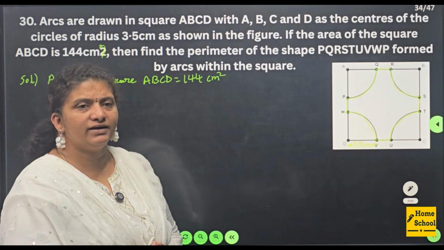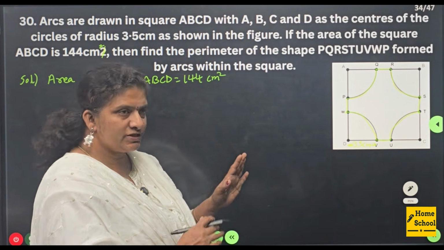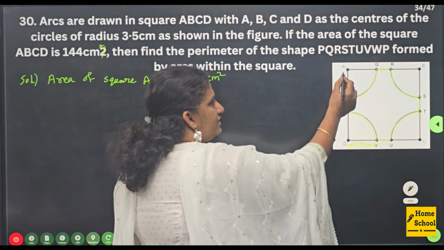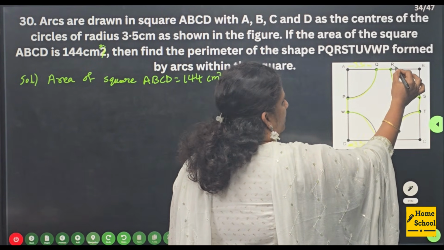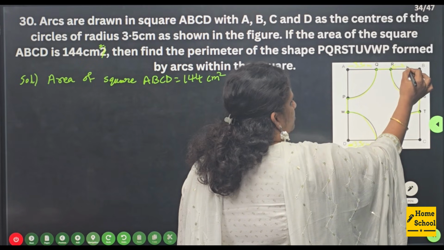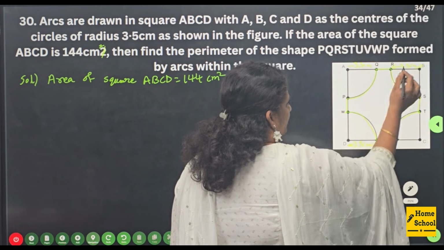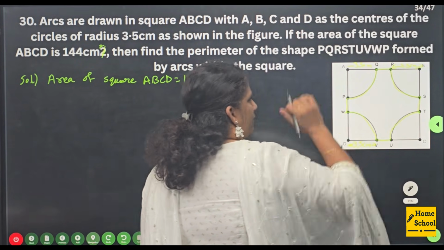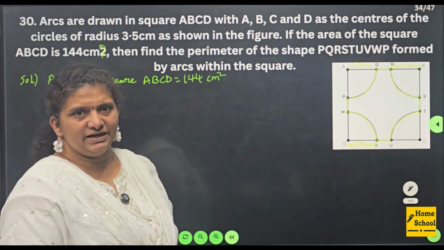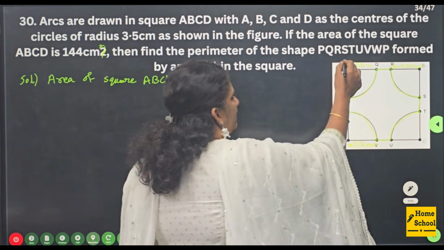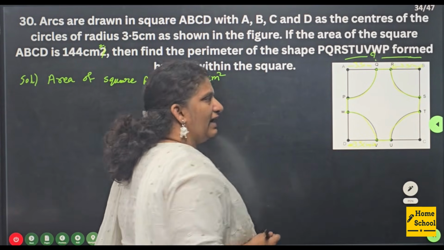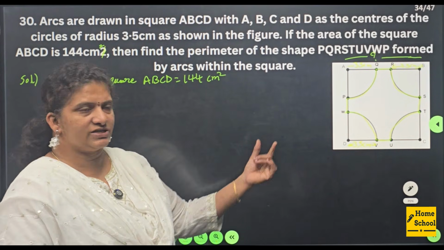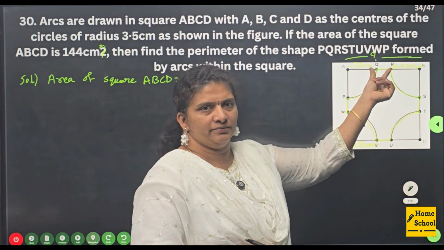How do we calculate this perimeter? Observe properly here. This is the radius 3.5 centimeter and from R to B this is also 3.5 centimeter. 3.5 plus 3.5 will be 7 centimeter. If you are able to find the side length, from that side length you subtract 7 centimeters, you are going to get QR.